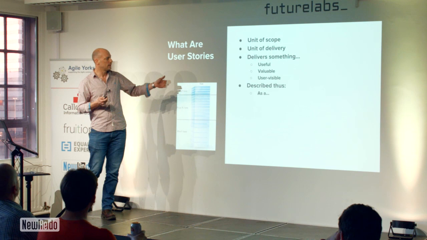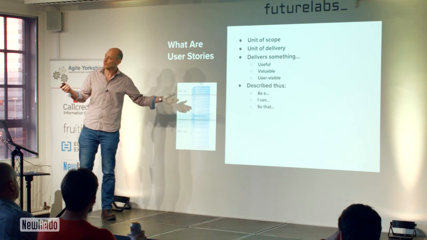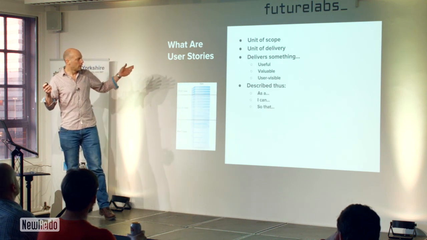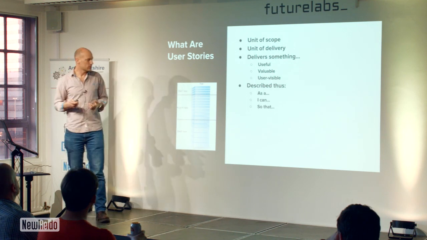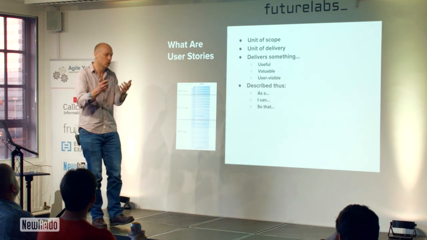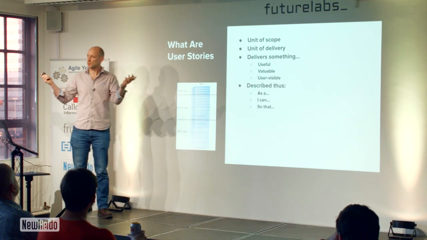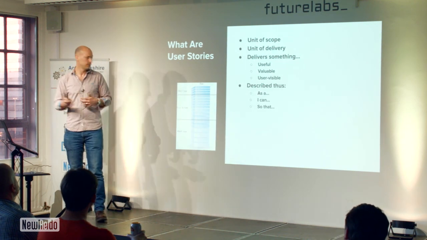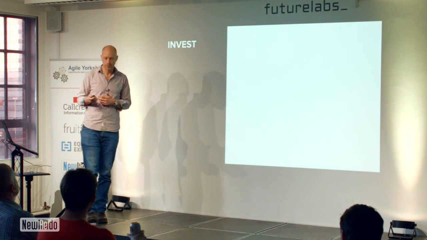Something that looks different to a user is a user story. It provides some benefit, some value to them. And as I mentioned, we typically use the as a, I can, so that format to describe a user story. So as a consumer, I can sell stuff on eBay so that I can make money. Just for example, a very high level story.